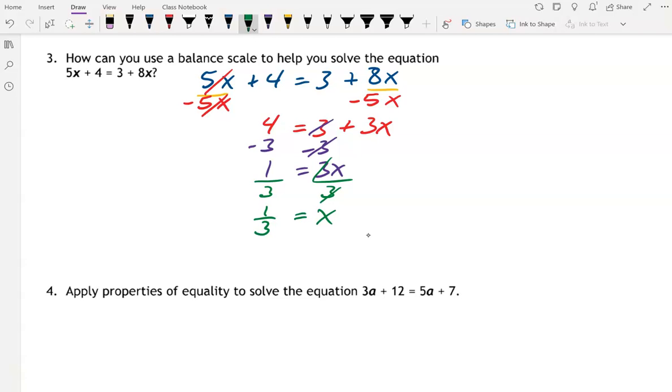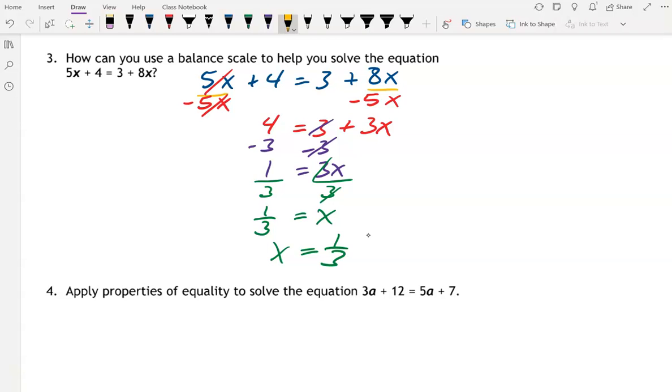Now, my final step that I like to do is make sure that my variable is on one side of the equation and my answer is on the other, because I hate having the x on the right-hand side. So, make sure that when we start these questions, we take all the variables and move them to one side using proper algebraic movements, okay?